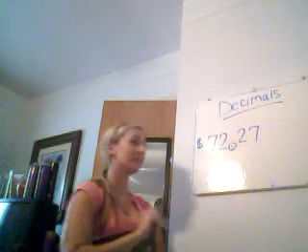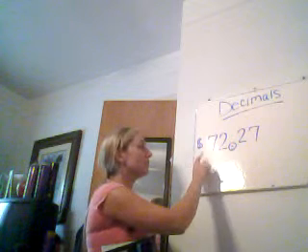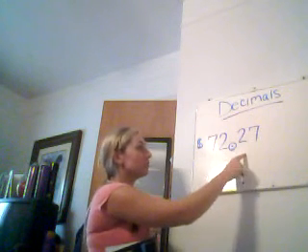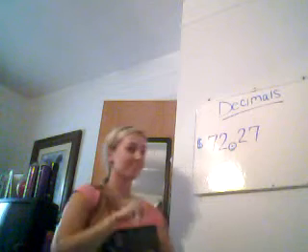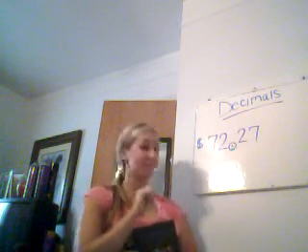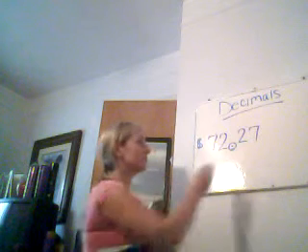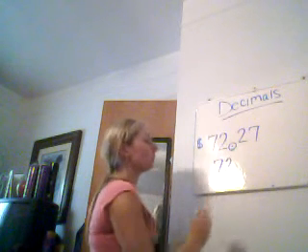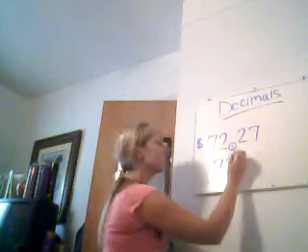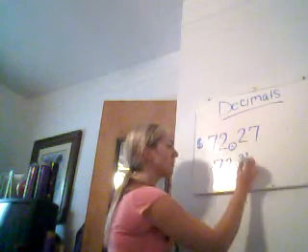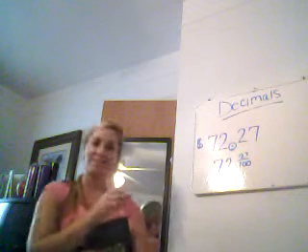Good. And to write it out, we would simply write out $72.27. All right, here comes the tricky part. What would our fraction look like? 72. Good. I'll pull down 72 because this is a whole number. And 27 over 100. Good job. That's what our fraction looks like.